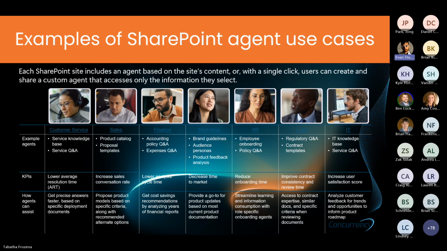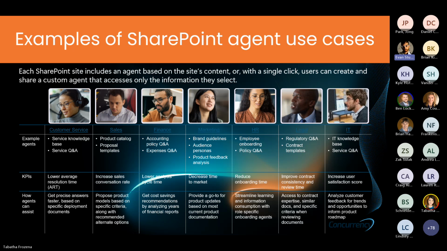Again, this slide highlights how agents can be tailored to different business functions by connecting directly to each site's content. For example, in customer service, agents can pull the service knowledge base to reduce resolution time and give faster and more accurate answers. A sales example would be they can reference product catalogs and proposals to help reps pitch the right models and alternatives.